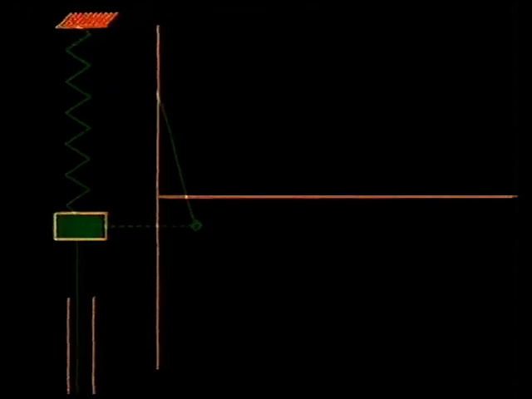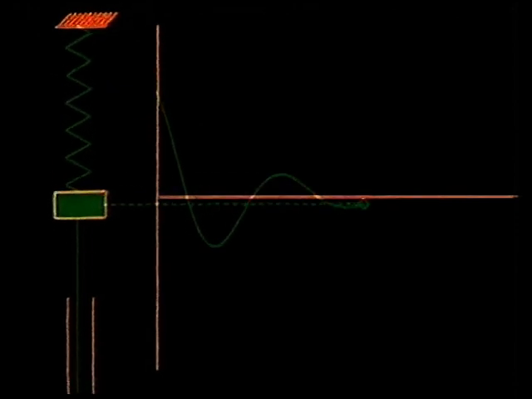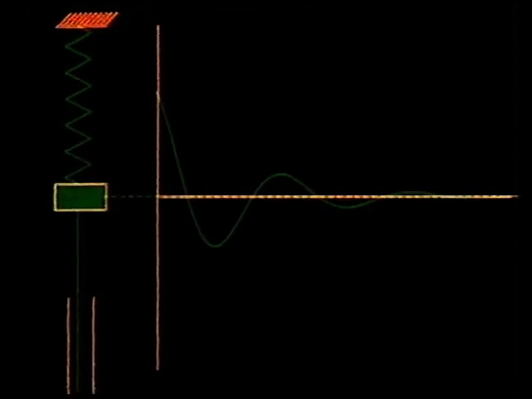Greater damping decreases the amplitude more rapidly. The mass only overshoots the equilibrium position a couple of times here. Increase the damping still further, and there's no overshoot at all.